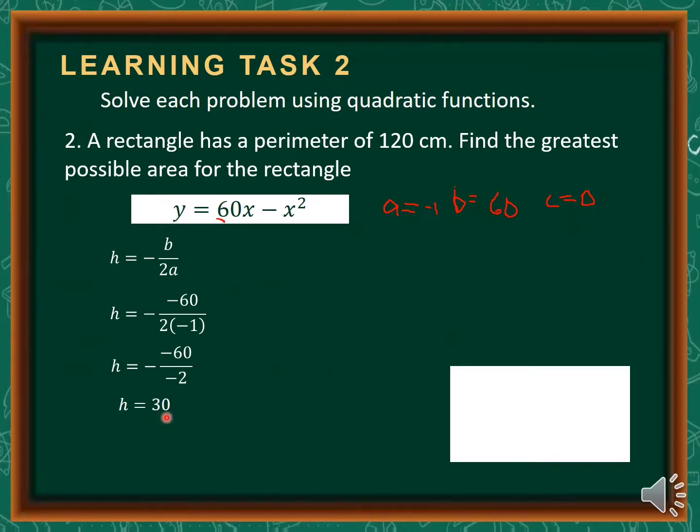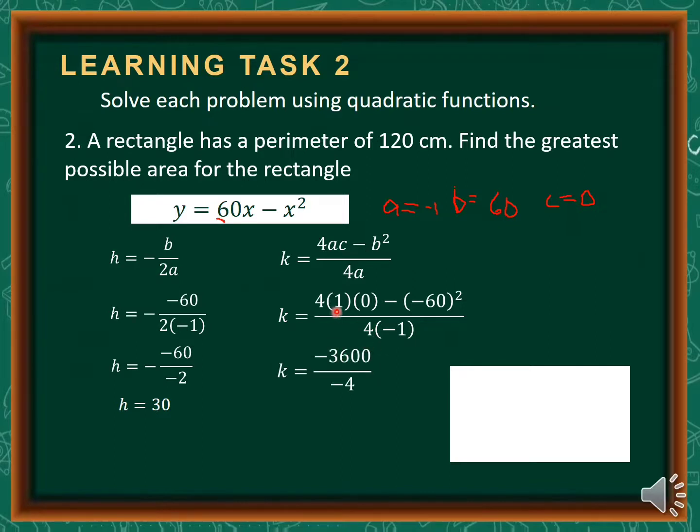30 and 30. Now, hanapin na natin ang hinahanap, which is the greatest possible area, and that is by looking for the value of K. K is equal to 4ac minus b squared, substituting 4 times 1 times 0 minus 60 squared. 4 times negative 1. So, 4 times 1 times 0, we have 0.